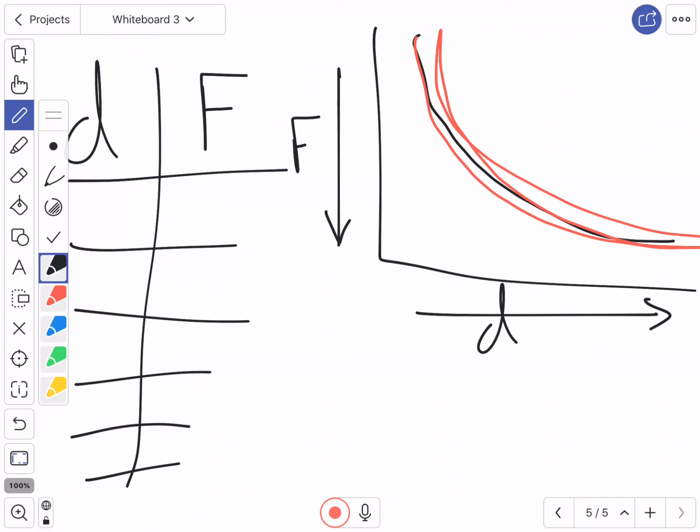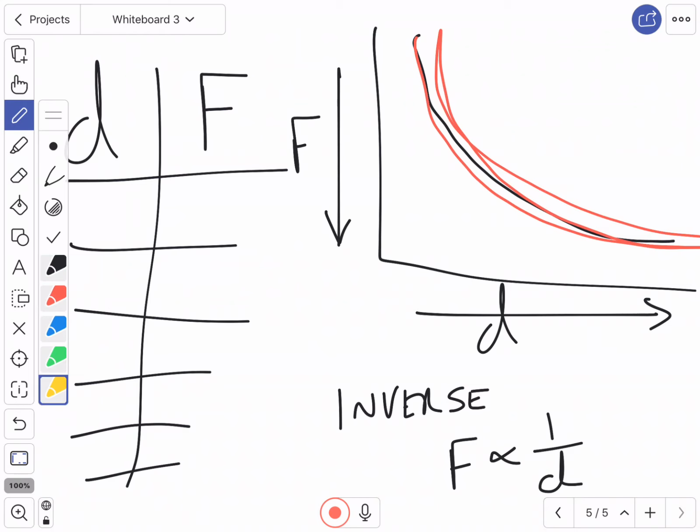It got smaller, right? And so that is called an inverse relationship, where the force is more like, we would write it like this. Now, this symbol right here represents proportional. It doesn't equal, it represents proportional.